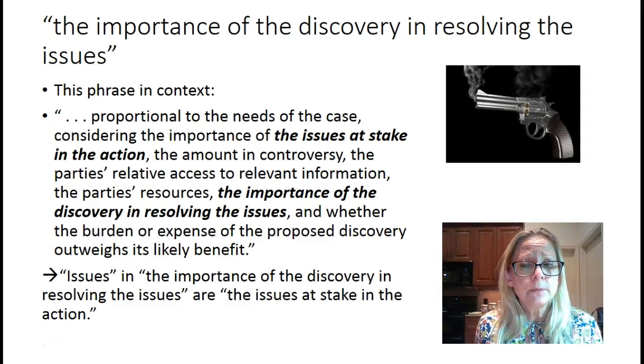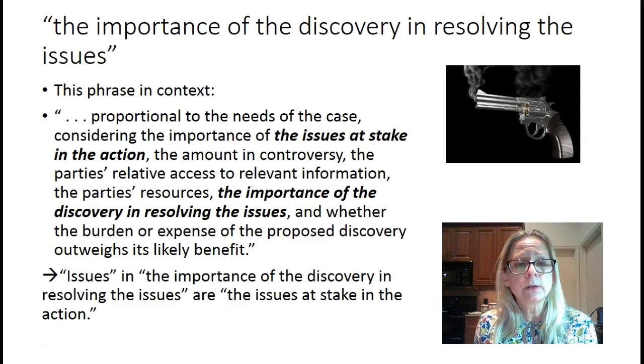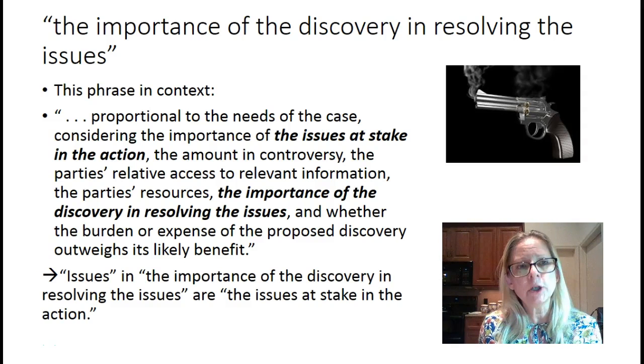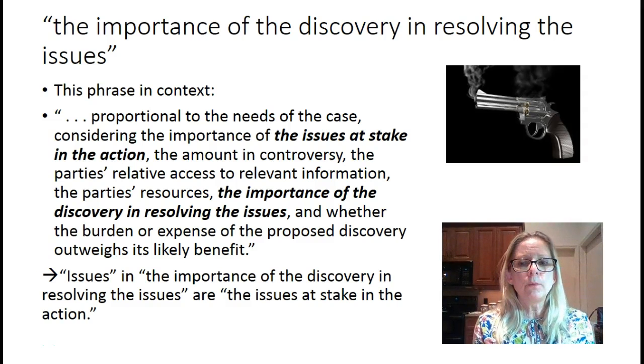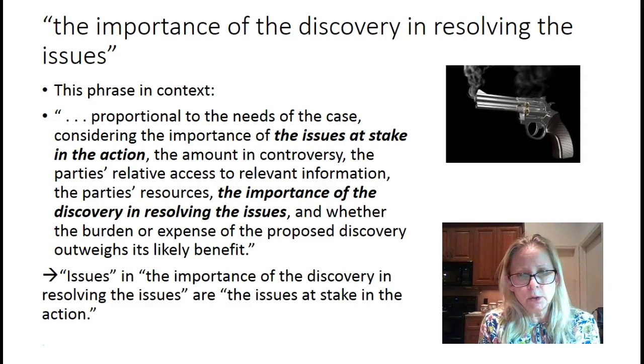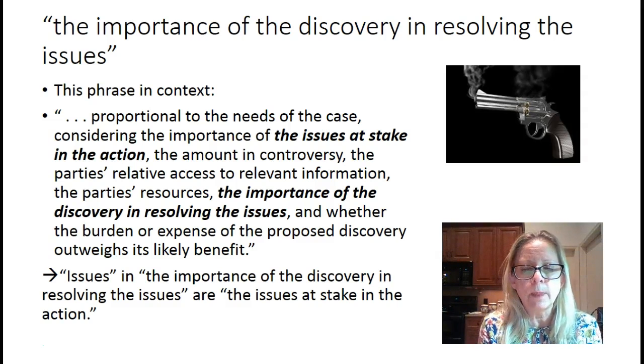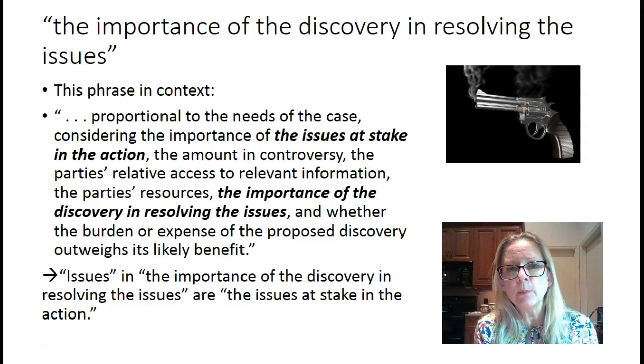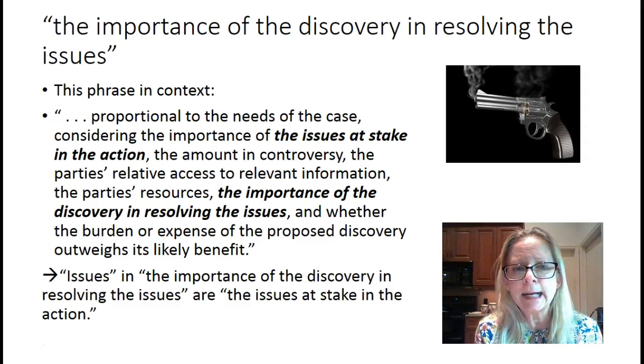The fifth proportionality factor is the importance of the discovery in resolving the issues. So what does that mean, the issues? By the time you've gotten this far into the sentence, you've forgotten what that refers to. So if you go back and look at the beginning of the sentence, it starts proportional to the needs of the case, considering the importance of the issues at stake in the action.